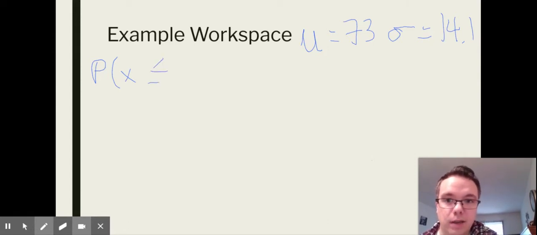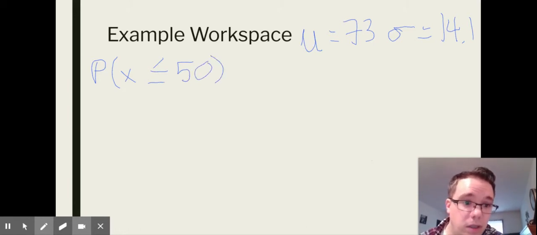So there are less than or equal to 50 seals, which is good because remember the z-score we're going to find and then put on the z-table is going to tell us the probability that it's less than or equal to that. So all we have to do is change this to a z-score and find the probability for that z-score.